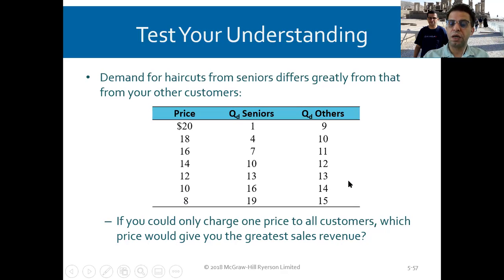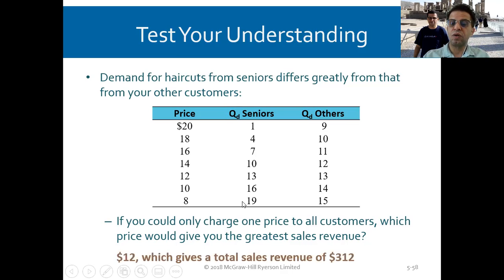But here we want to maximize our total revenue, so we separate seniors from others. If you could only charge one price to the customers, which price would give the greatest sales revenue? How do you do that? 9 plus 1 is 10, multiplied by 20, is 200. And 10 plus 4 is 14, multiplied by 18.